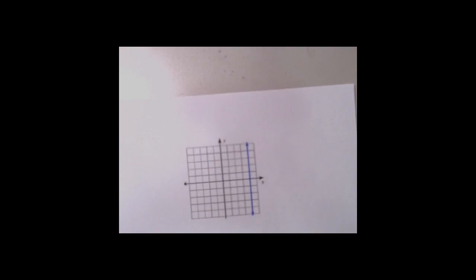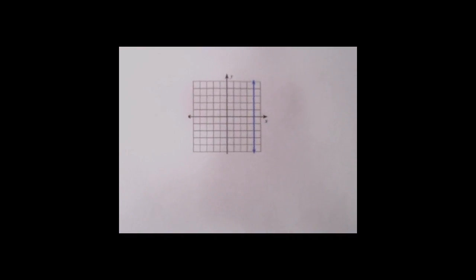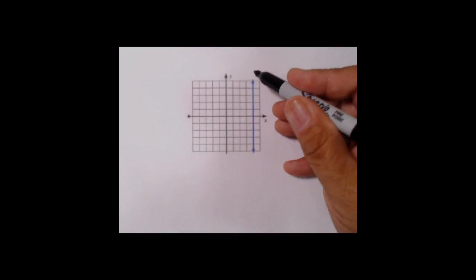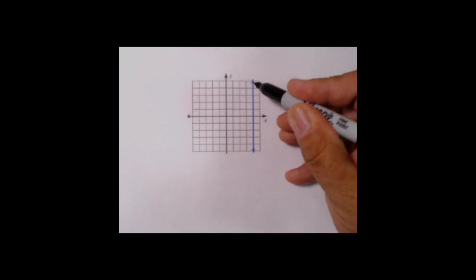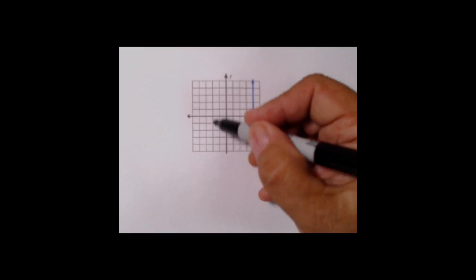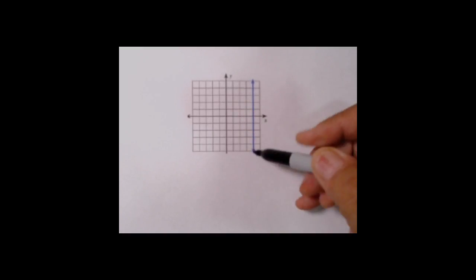Well, likewise, if we have one that goes straight up in the air, here it is. Okay, here's our XY grid again, and here's our graph line right here. Any line that heads straight up, and it can be anywhere in here, doesn't have to just be over here.